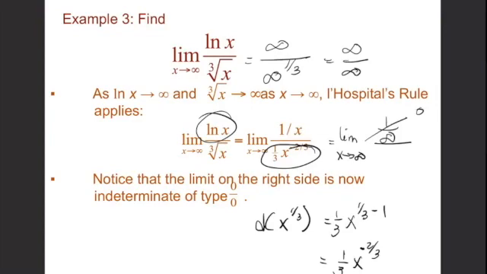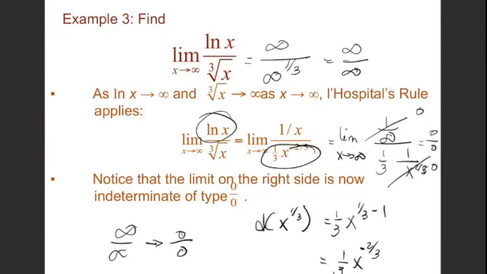Then we have 1/3 of 1 over x to the 2/3. Still, this is 0 because 1 over infinity is 0. So this is 0 over 0. From infinity over infinity, it became 0 over 0. Still, it is indeterminate.